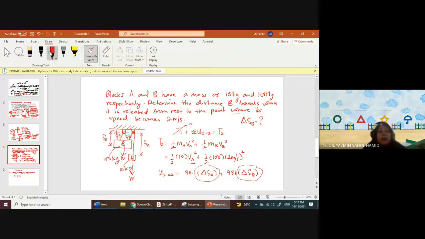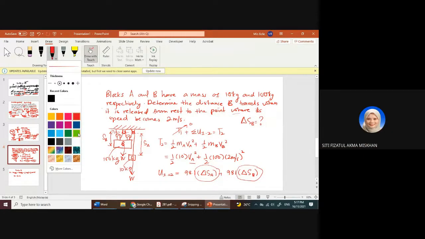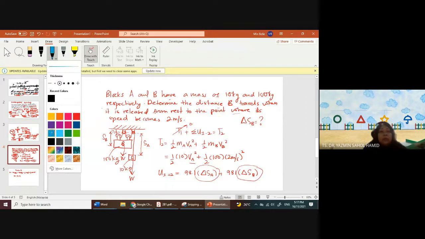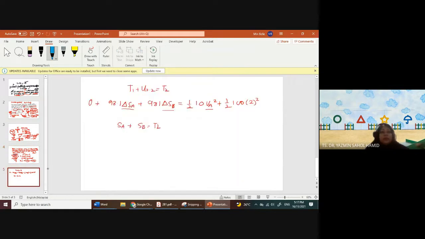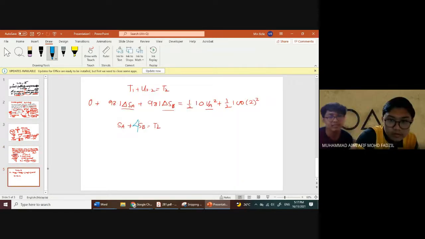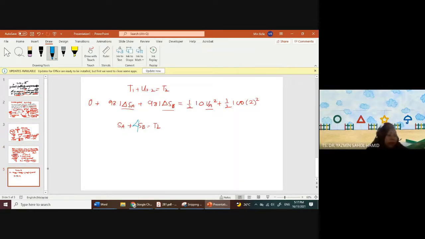Okay, tukar colour. Ni biru. Okay. Ni, 1, 2, 3, 4. So, berapa? 4. Okay, 4. Mungkin diagram I tak berapa cantik kot. So, kita SA plus 4 SB sama dengan total length.